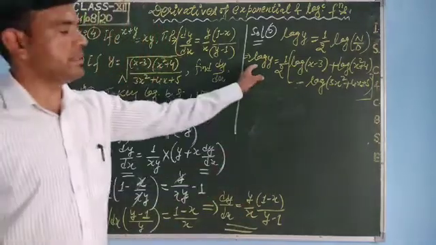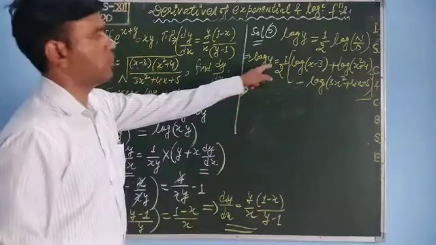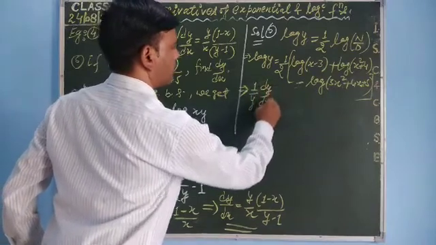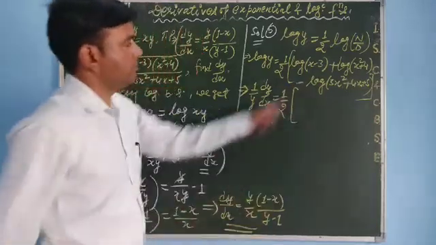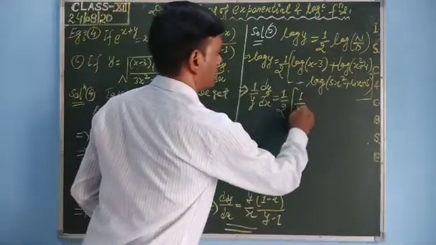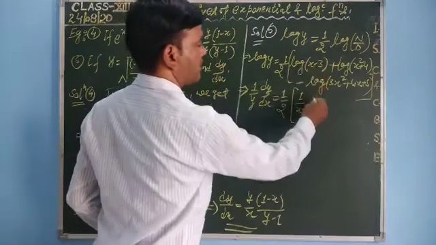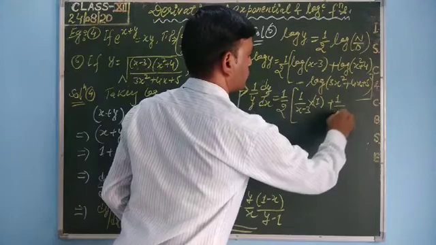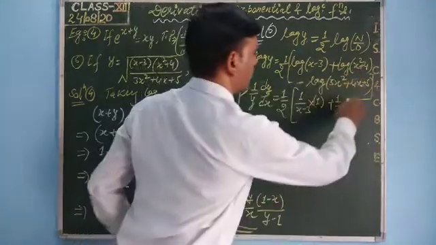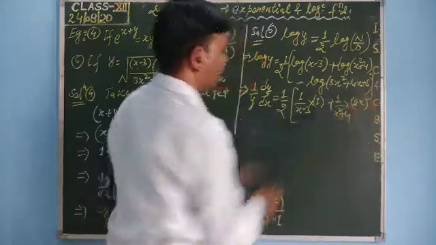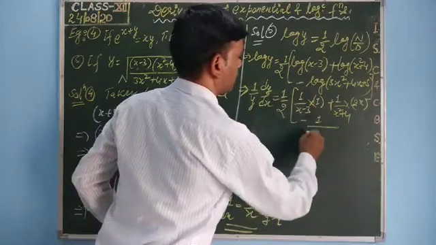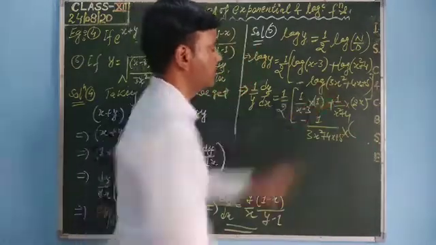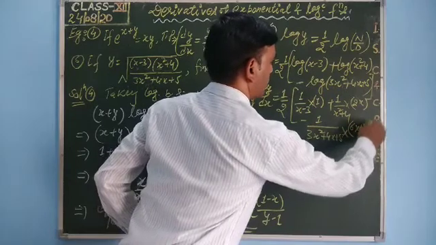Differentiating both sides with respect to x, the derivative of log y is 1 upon y dy by dx, which is equal to half multiplied by the derivative of log of (x minus 3), meaning 1 upon (x minus 3), and using the chain rule the derivative of x minus 3 is 1, plus the derivative of log of (x square plus 4), which is 1 upon (x square plus 4) into 2x. Similarly, the derivative of the last term is minus 1 upon (3x square plus 4x plus 5) multiplied by (6x plus 4).